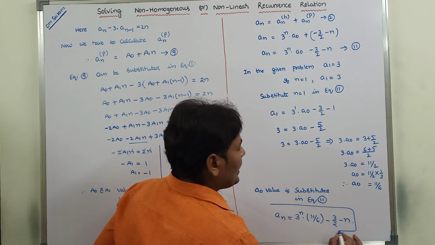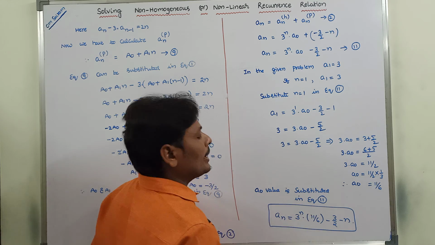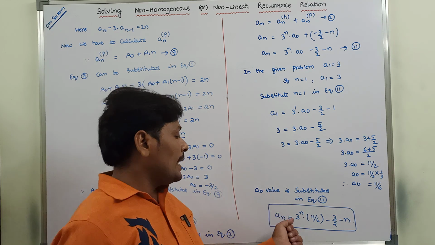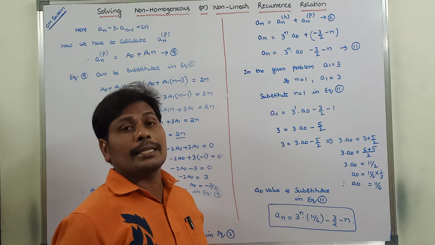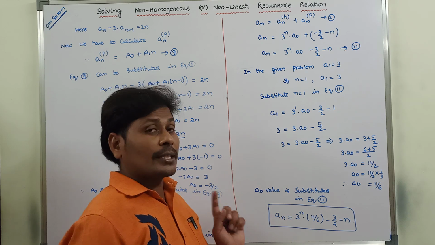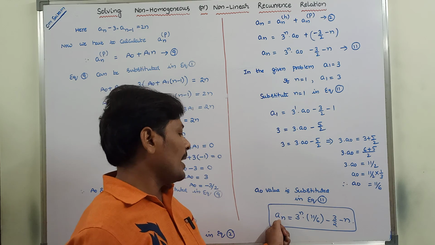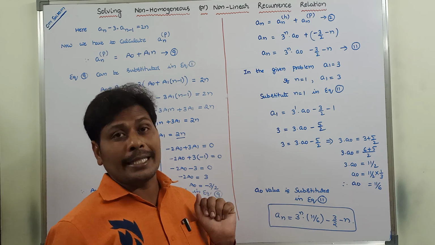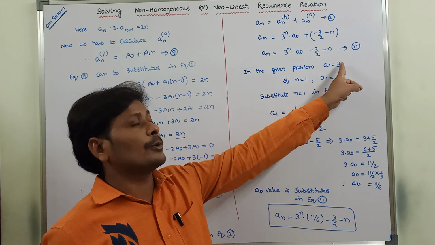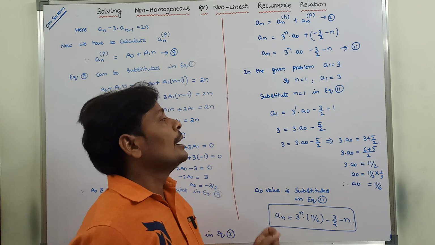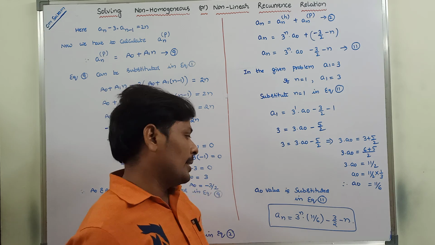So this is the final solution of the given recurrence relation. Now whether this solution is correct or not, we check by substituting n is equal to 1. If n is equal to 1, that means a1 is equal to 3. If you get a1 is equal to 3, your answer is correct.